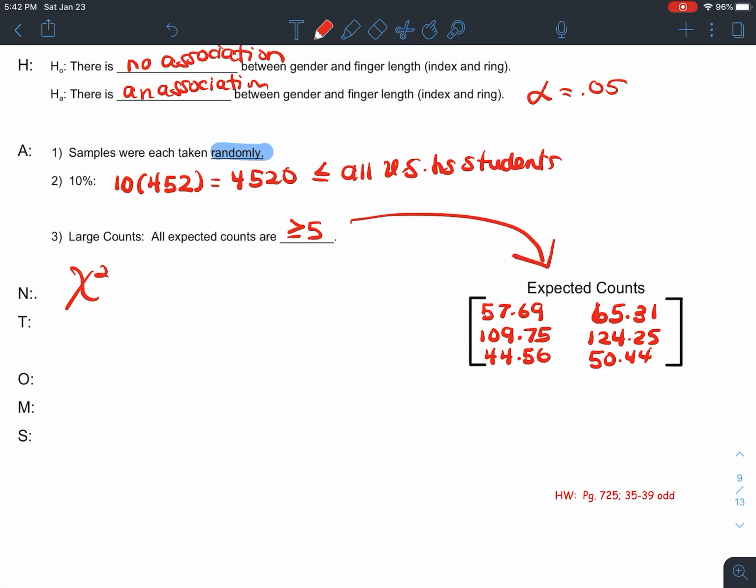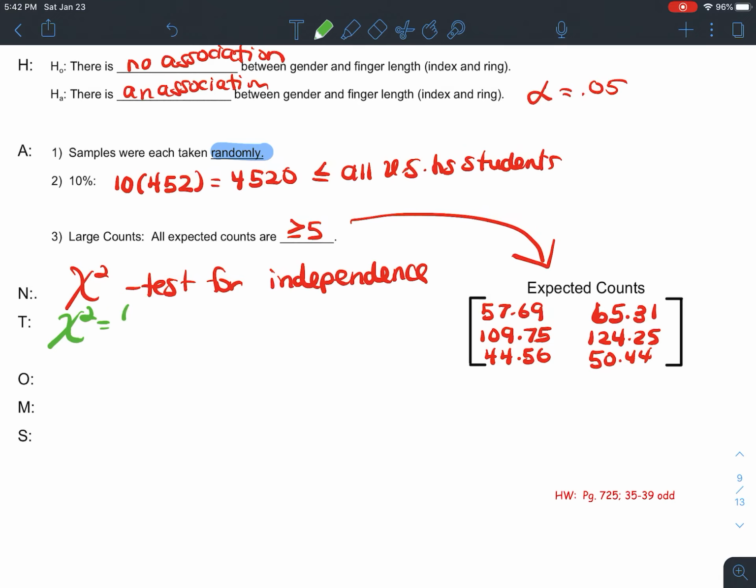The name of this test is chi-square test for independence. If you cannot keep straight the name of the test, it is okay to just call it a chi-squared test, because that's what you're selecting from the calculator.